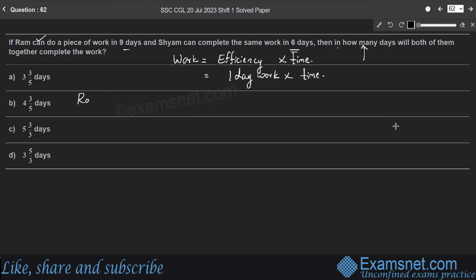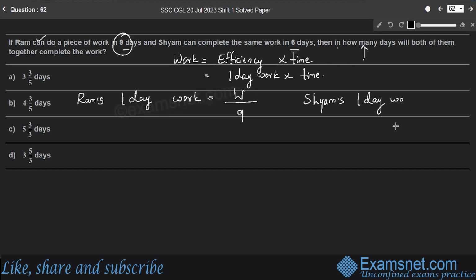Therefore, Ram's 1 day work or efficiency of Ram is work by time taken. If W is taken as work and he takes 9 days to complete that work, therefore W by 9 is his 1 day work or efficiency of Ram. Whereas Shyam's 1 day work.